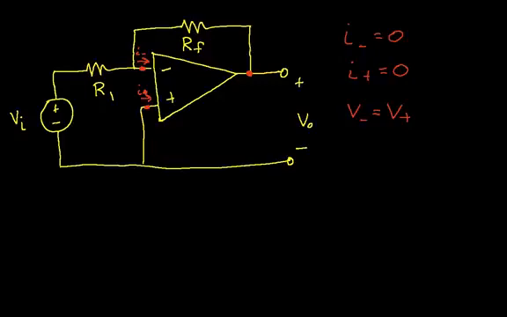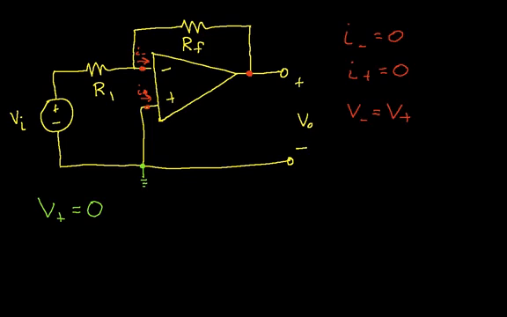Okay, first we'll look at figuring out what V plus is. Well, V plus is connected down here, and I should have pointed out this is our ground node or our reference node. So V plus is connected to ground, so it's equal to 0 volts.